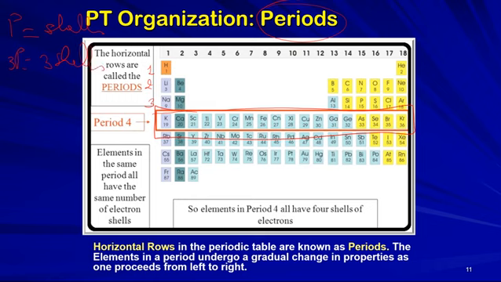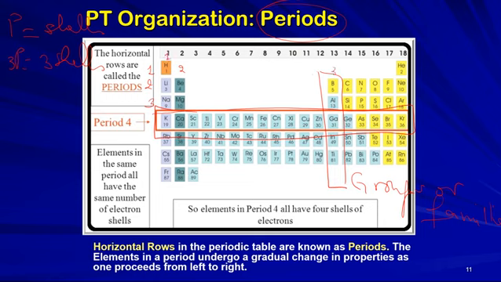So we have periods. And we also have these vertical columns, which are called groups or families. And what determines a family is the number of valence electrons. You remember, for the elements in group number 2, we have 2 electrons on the last shell. Group number 1, we have a single electron.